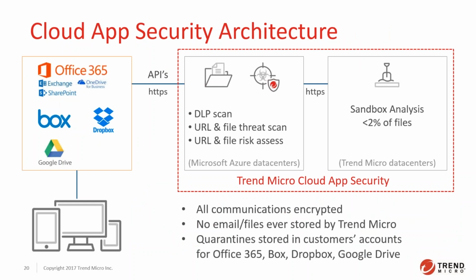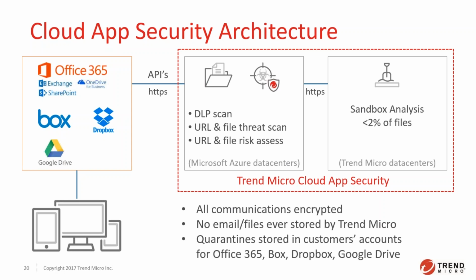So architecture-wise, the way this solution works is every time anything goes to any of these platforms, the API will notify Cloud App Security. Cloud App Security then will scan those files or emails, whatever it is. It is run within our data centers within Azure.